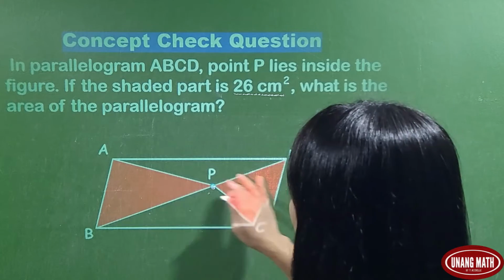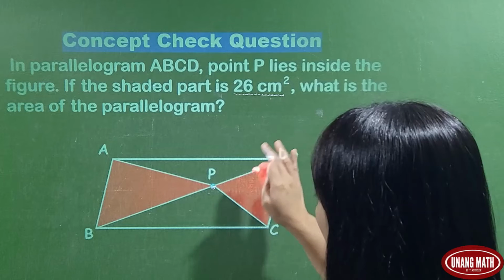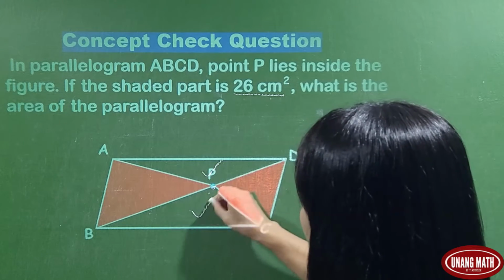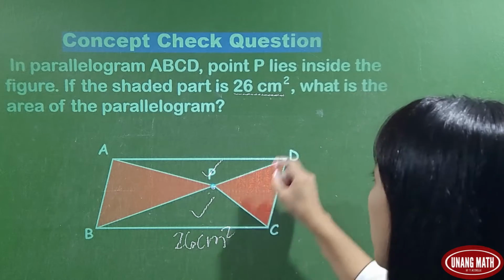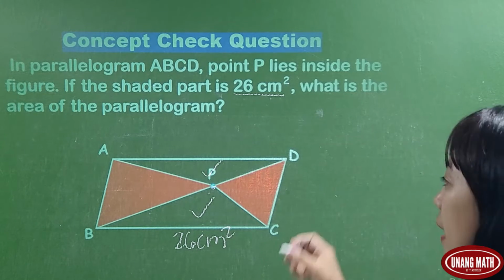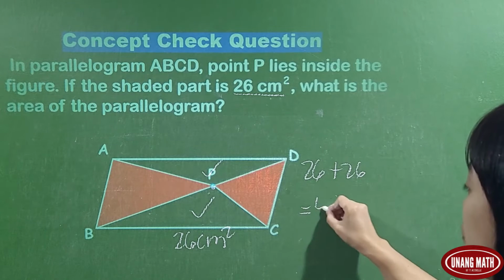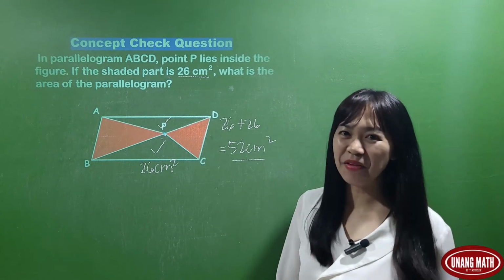So if these two triangles are 26 square centimeters, then this one plus this triangle is also 26 square centimeters. So what is the area of the parallelogram? That would be 26 plus 26, so it means 52 square centimeters.